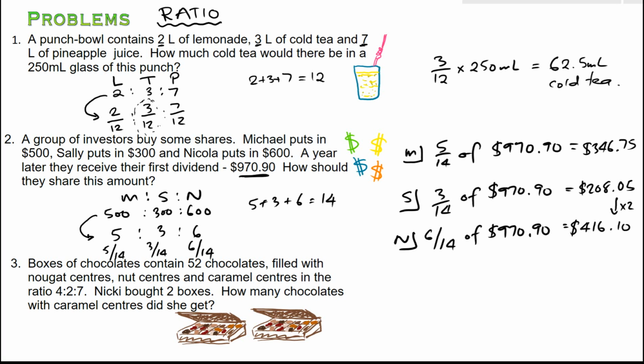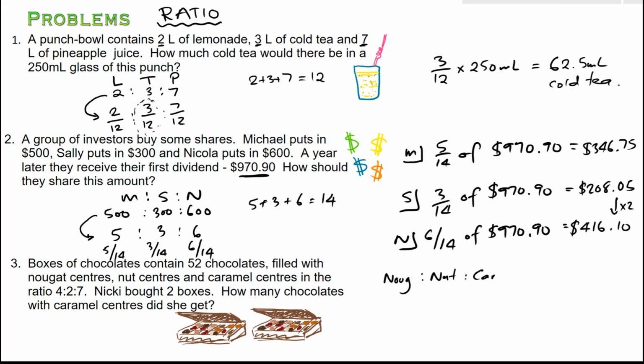Okay, the last example, we've got boxes of chocolates. Each box contains 52 chocolates filled with various types of centres in this ratio, 4:2:7. Okay, so we've got nougat centres and nut centres and caramel centres in that order.